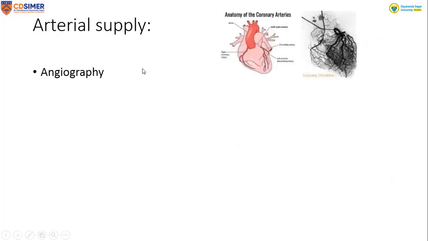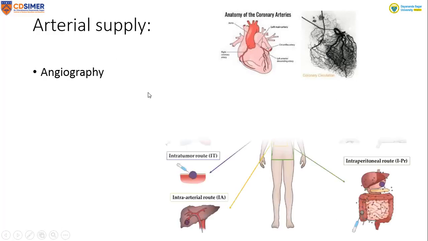Now you can see here arterial supply. Intra-arterial injections are another important way to reach the cavities, like angiography. To do the angiography, we can use this, which is again local.